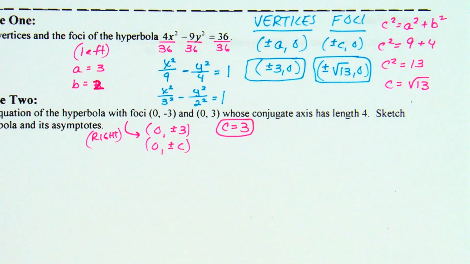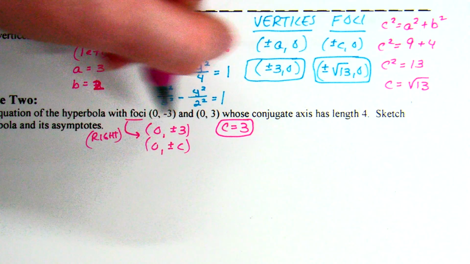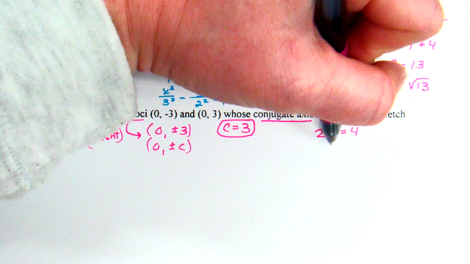What's b? b is 2. Okay. Conjugate axis. So this was foci. Over here we have conjugate axis has length 4. What's it say about conjugate axis up there? Yeah. So 2b equals 4, and thus b equals 2.